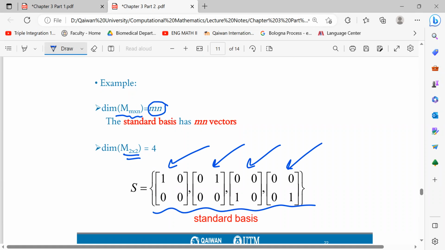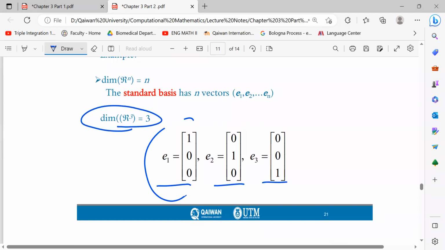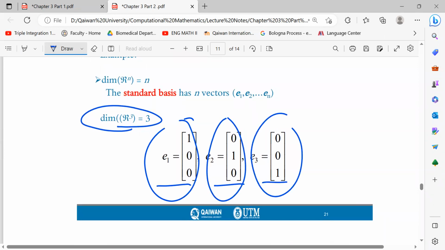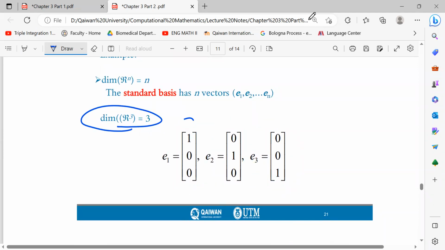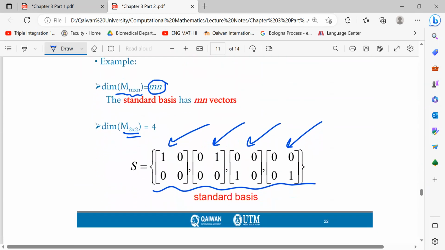The standard basis for R3 is this, as you see, 1 here and 1. But for a 2 by 2 matrix, the dimension is 2 times 2, which is 4. That means you must have 4 vectors in the standard basis.